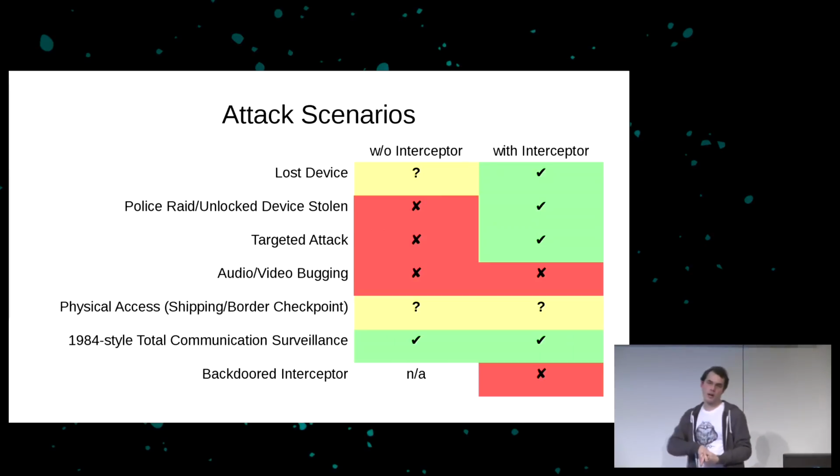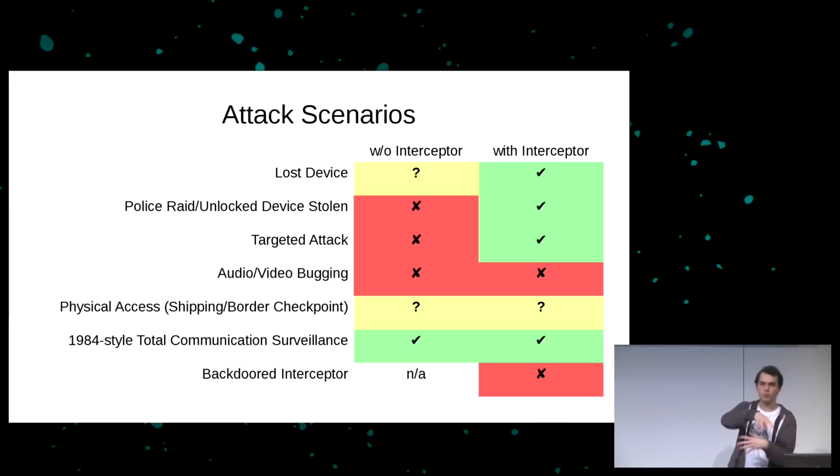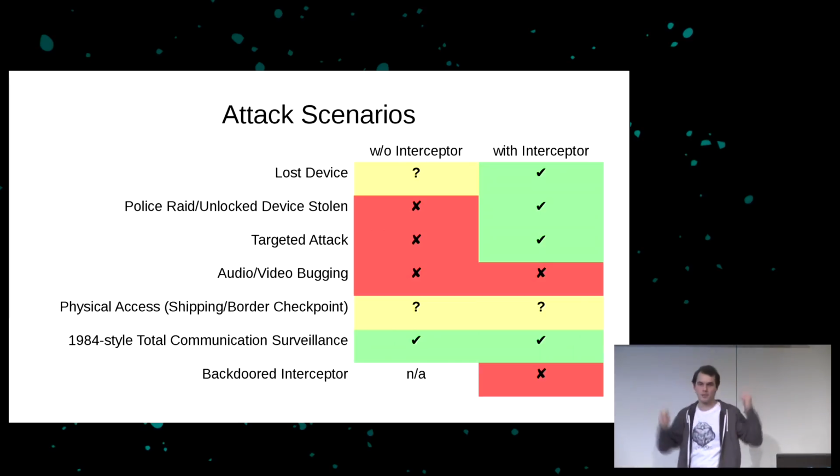Physical access, so somebody has temporary physical access to your device, like during shipping or at a border checkpoint. In that case, I think it fails in any instance, because without the interceptor, maybe they can install a rootkit or exchange your boot flash, and with the interceptor, maybe they can place an interceptor in front of the interceptor or something.